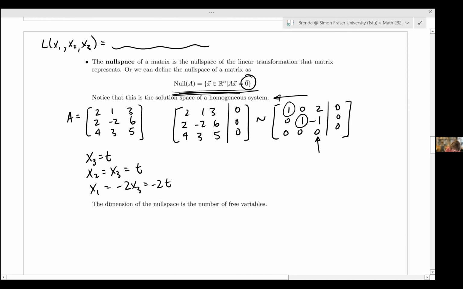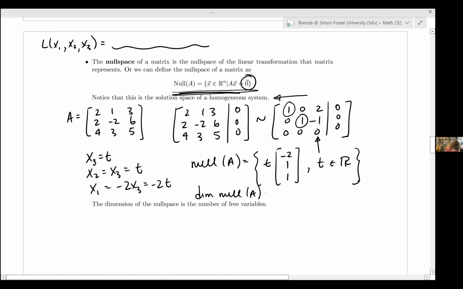Okay, so then the null space of A is the set containing all vectors of the form t times (-2, 1, 1), such that t is some real number. The dimension of the null space of A is 1. There's one vector in the null space, so the dimension is going to be 1.